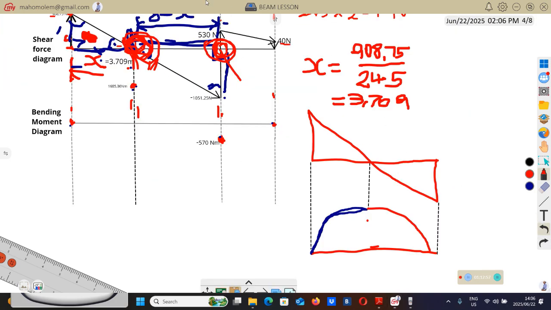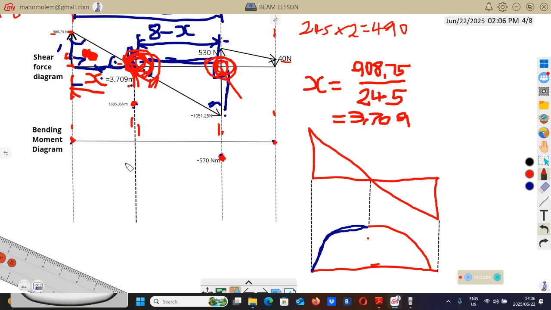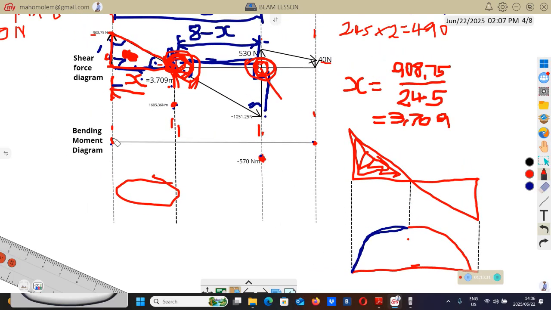Right, those curves, when you put them here, we will be guided by this. You just have to check from the shear force diagram. On this part here on the shear force diagram, you will see this triangle here. That triangle, above that horizontal line, is the same as this. So because of this triangle, when we join this point and this one, we are going to use a curve in this manner.